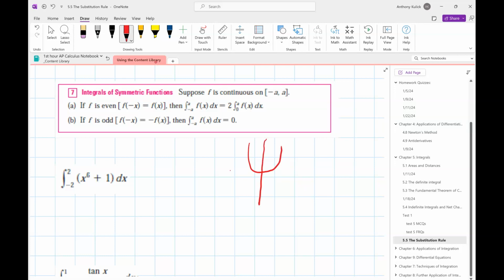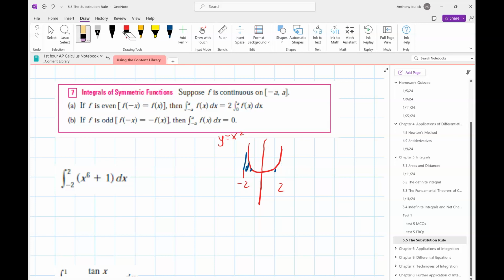So if we think about just y equals x squared, and we go from -2 to 2, the area under our curve is the same on both sides, right? Because an even function is symmetric about the y-axis. So that's all it's saying.